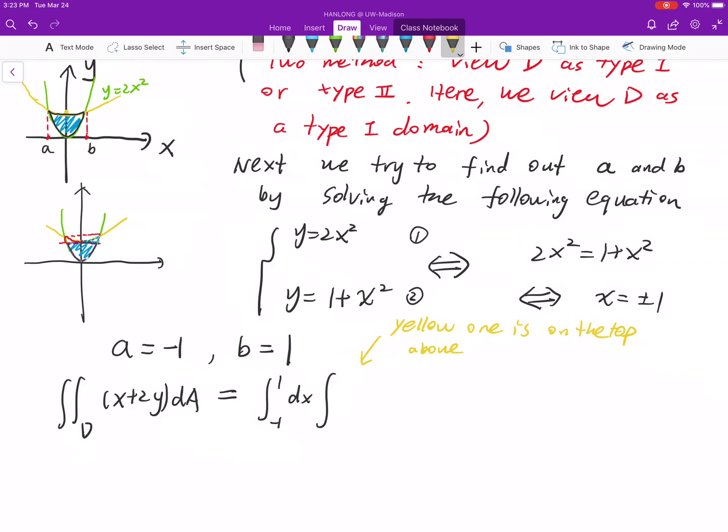Okay, and the green one is on the bottom, so below. Therefore, here you should have 1 plus x squared, and here you have 2x squared. And then inside, just the function.